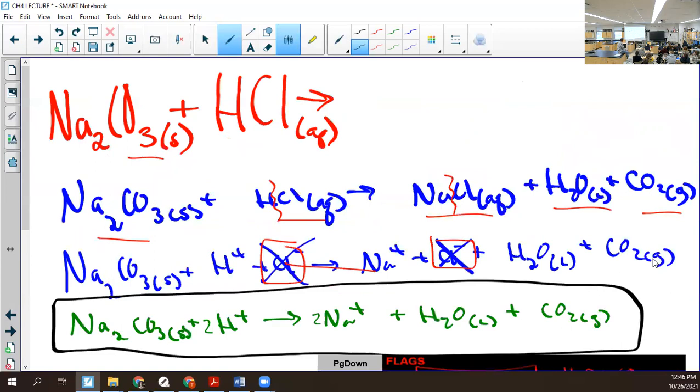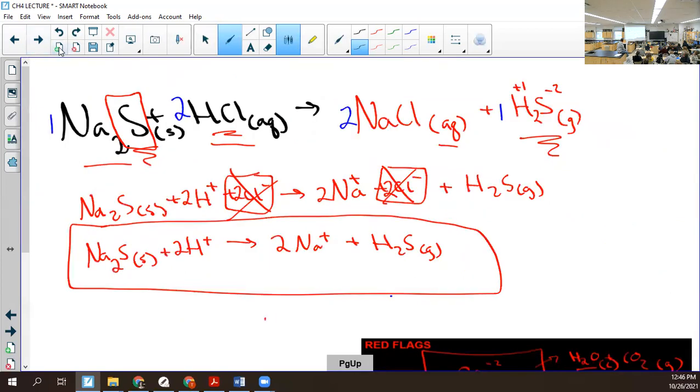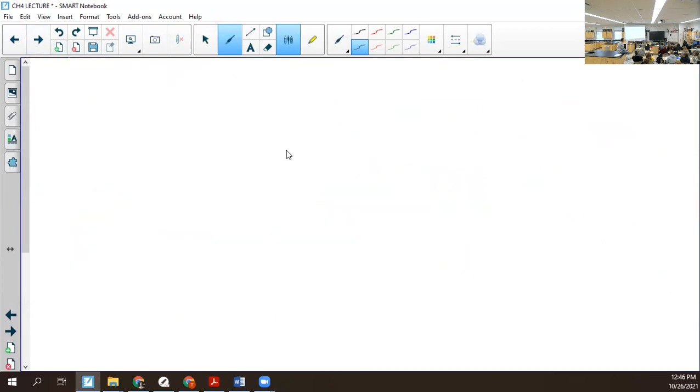Okay, here we go. Let's do some practice. I have so much here. So let's go with CaSO3. So calcium sulfite plus, what's your favorite strong acid?